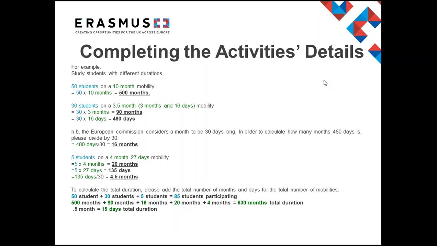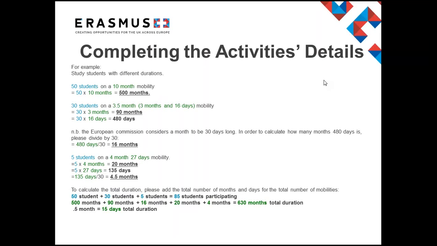And then you also have 30 students who are going away for 3.5 months. And although half a month is 15 days, we're going to make it a little bit more confusing and make it 16 days. So 30 students times 3 months equals 90 months. 30 students times 16 days equals 480 days.